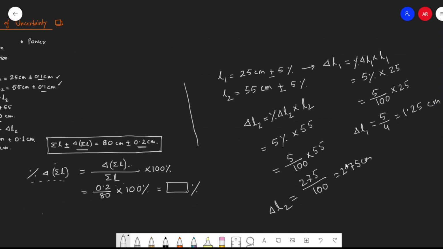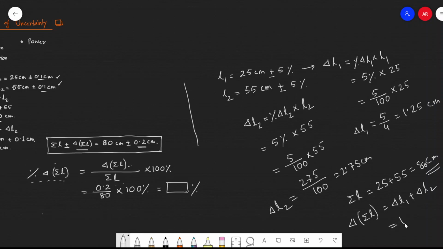When we add them up to find out the total length, sigma L, it is 25 plus 55, which is 80 centimeter. And how much is going to be its absolute uncertainty? The absolute uncertainty of sigma L is del L1 plus del L2.